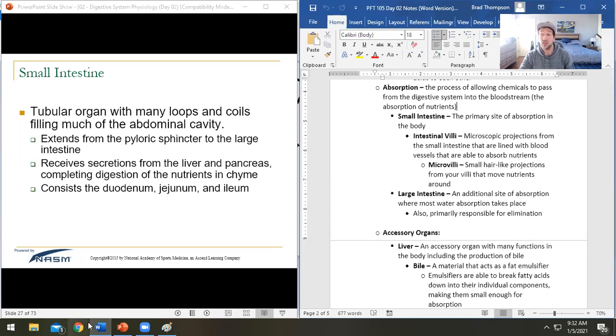Remember, if something's going to pass straight through the walls of something else, it better be pretty small. These are chemicals that we're talking about here. We're talking about absorbing a single carbohydrate molecule that's passing into your bloodstream, and your blood cells are going to carry that carbohydrate wherever it's going.